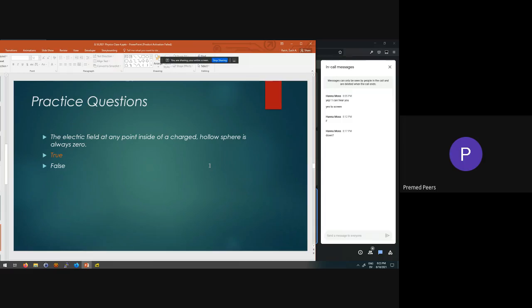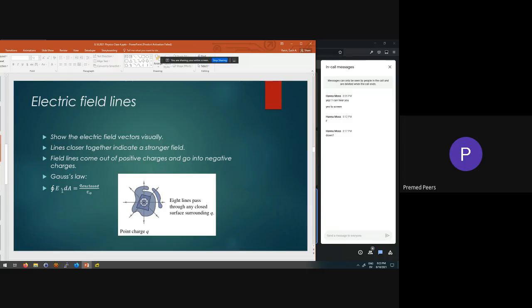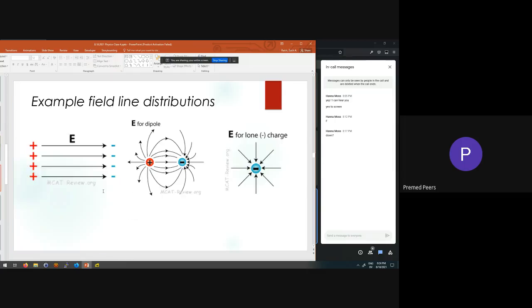So this is true. If we go back to Gauss's law and this picture, the field multiplied by the area is only determined by the amount of charge enclosed.